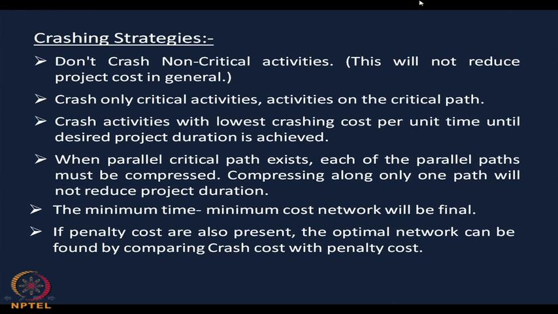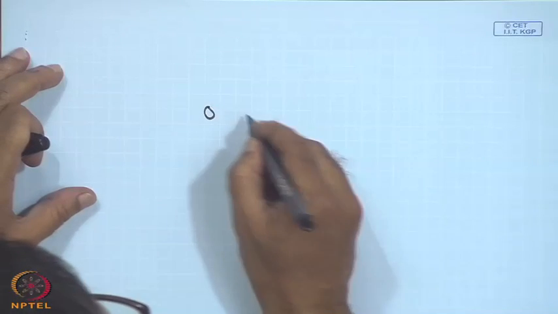The next step is when parallel critical paths exist, each of the parallel paths must be compressed. That means, we want to say here, you have a critical path something like this.